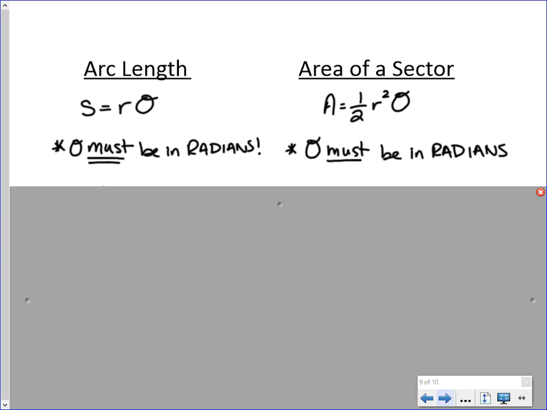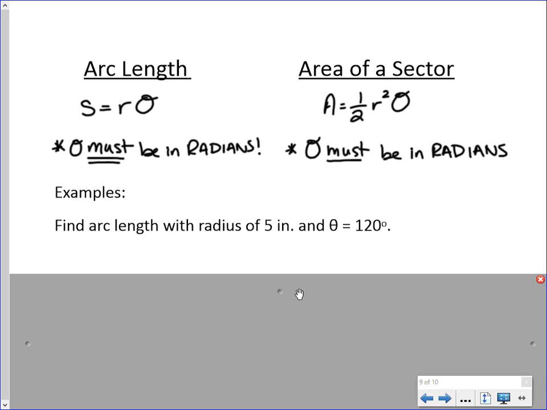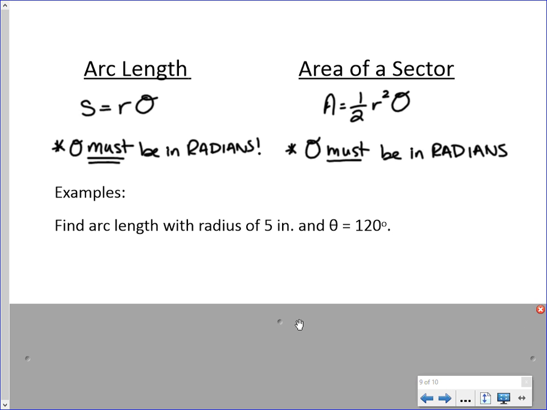Now you'll have some questions on your homework where you have to work with arc length and area of a sector. So find the arc length with radius of 5 inches and angle measure of 120 degrees. And I'll draw here what we're talking about. A circle, a radius of 5 inches, and then we've got 120 degrees. The arc length is just a fraction of the circumference.